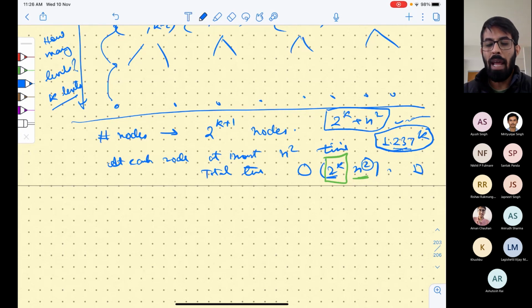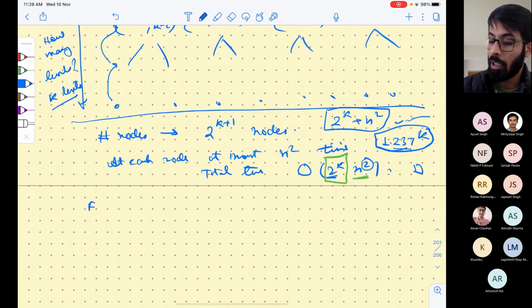Okay, you have a parameter and you are only looking for problems which have small vertex cover where k is small, and for that you can solve this. So the problems which have these kind of algorithms are called fixed parameter tractable, and these algorithms are also called fixed parameter tractable algorithms.